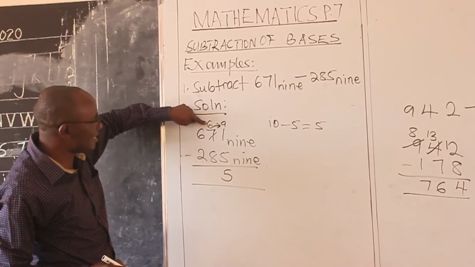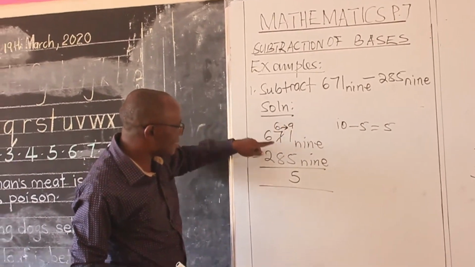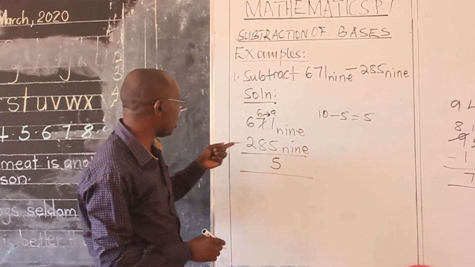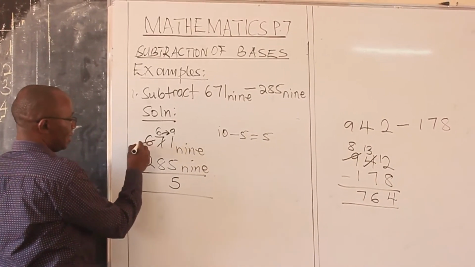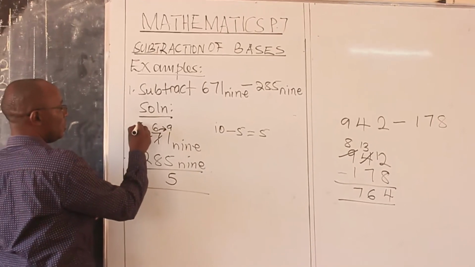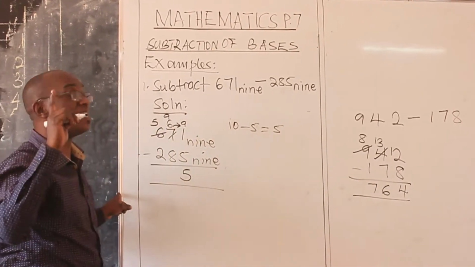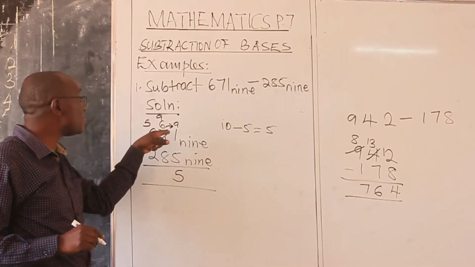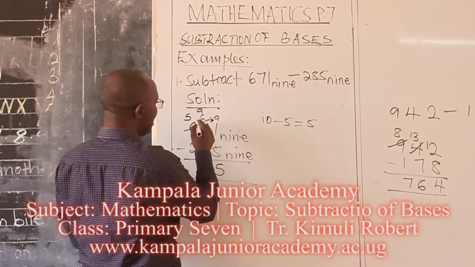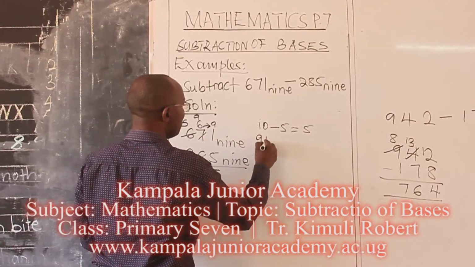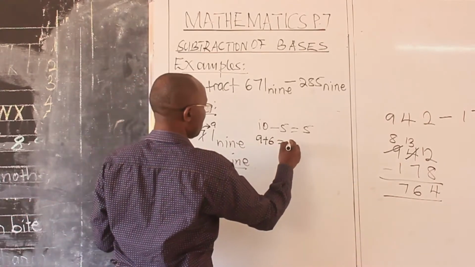Now here I have 6 nines minus 8 nines. 6 is less than 8, so I cannot subtract. I go to the next place value and borrow. There are 6 nines; when I borrow 1, I remain with 5. I've borrowed 1, but it contains 9 because I'm in base 9. So that is 9 plus 6, I get 15.